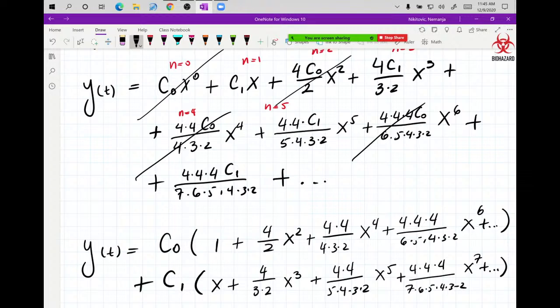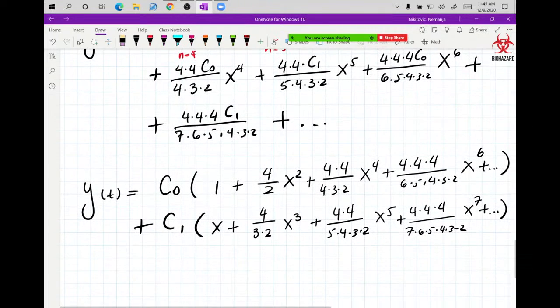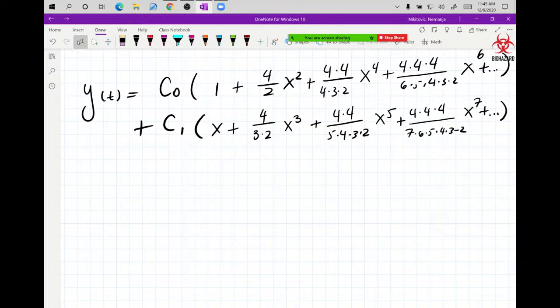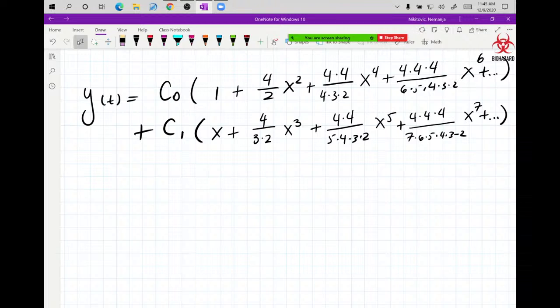So this dot dot dot contains both C1s and C0s, which is why each one independently will get its plus dot dot dot, because they both have infinitely many terms. Okay, now is the time to just write what these functions are, and we are done with the problem.